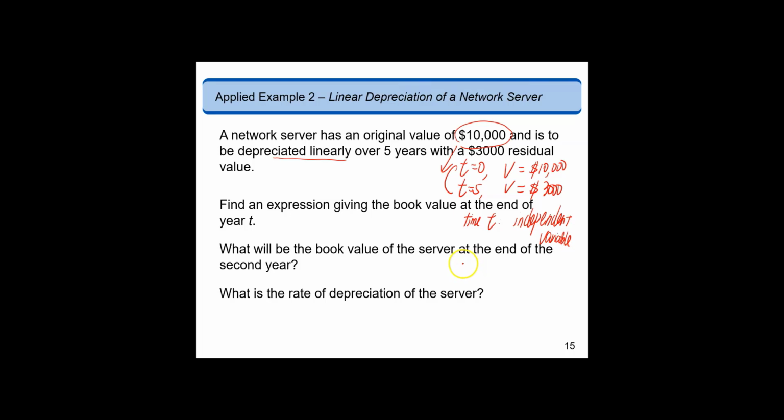And the value of the server, using v to represent the value, is the dependent variable. So the value of the server depends on the time. As time goes by, the value of the server drops, and we try to figure out how fast the value of the server decreases over time.